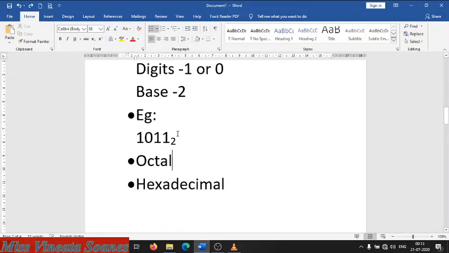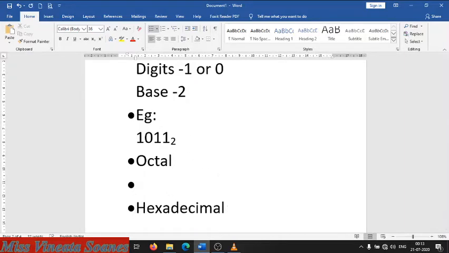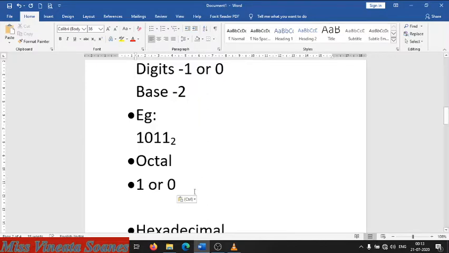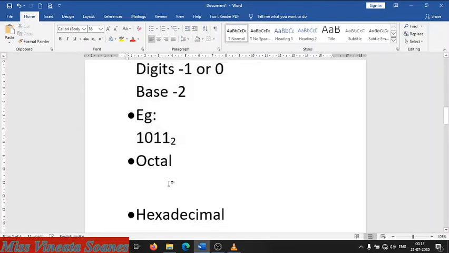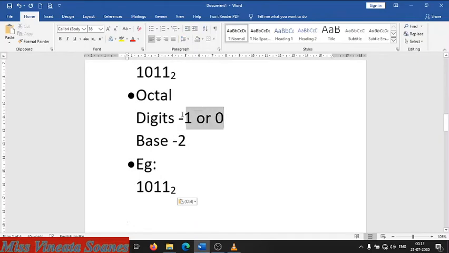The same way we have particular digits assigned to them, like we have for binary, we also have for octal. Now octal, the digits would be from 0 to 7, so any number that falls under this is an octal.